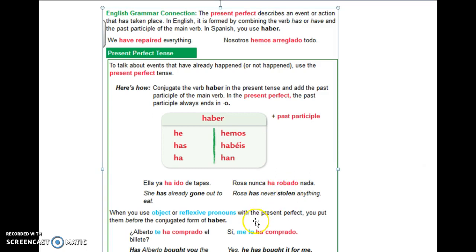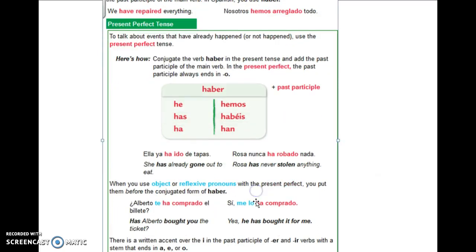When you use an object or a reflexive pronoun with the present perfect, you're going to put those before the conjugated verb haber. A really common use of this would be like a reflexive verb. So if you're using the reflexive verb afeitarse, to shave yourself, if you want to say Alberto no se ha afeitado, the se would go before the ha.